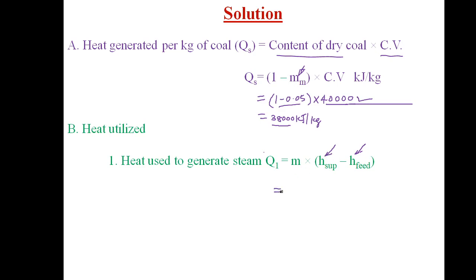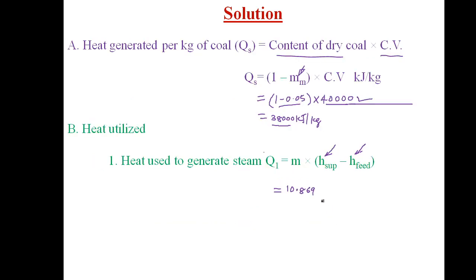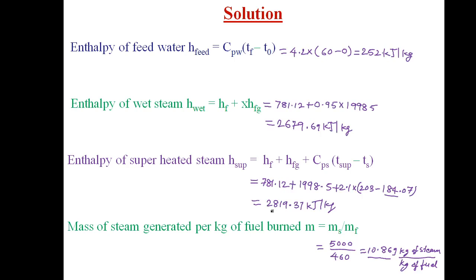Therefore, mass of steam generated, which is known to us, is 10.869 kg of steam per kg of fuel. Here we have calculated 10.869 into enthalpy of superheated steam, which we have calculated here as 2819.37.